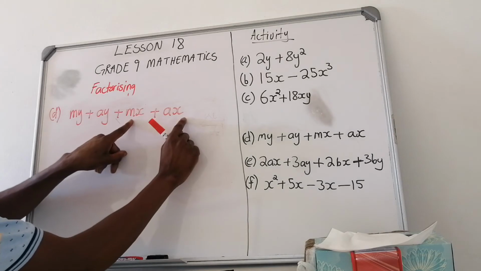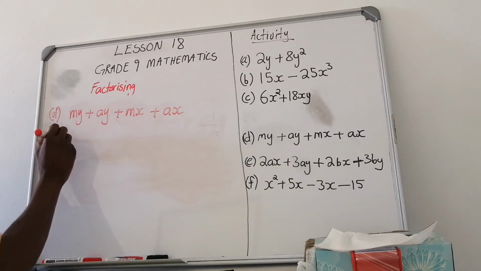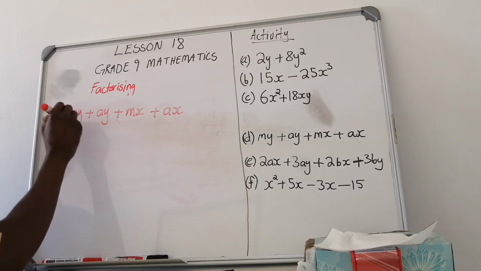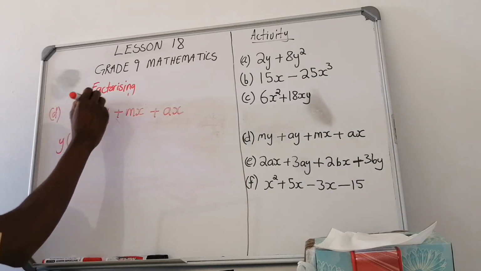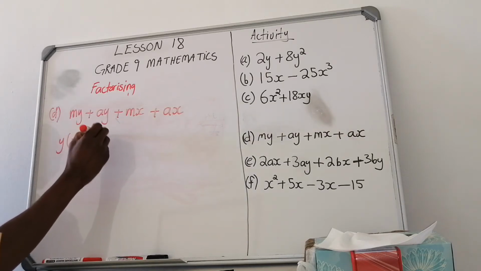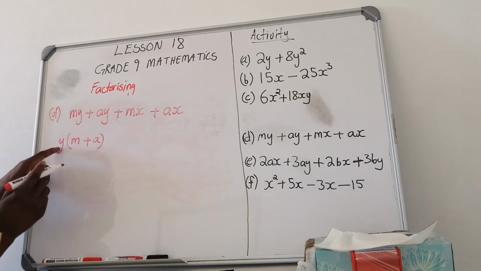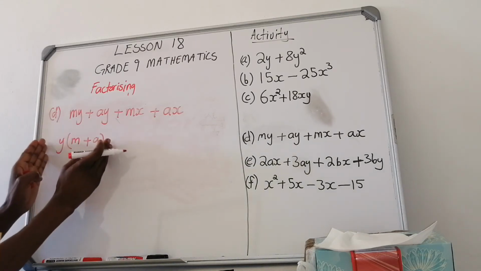The last two terms have a common factor, which is x. If you divide the first term by y, you get m, plus if you divide the next term by y, you get a. Remember, y times m is my, y times a is ay. So we have done the right thing here.